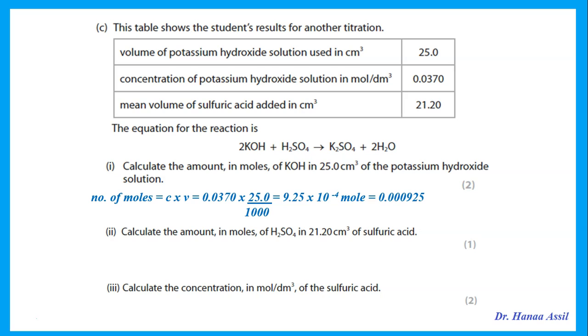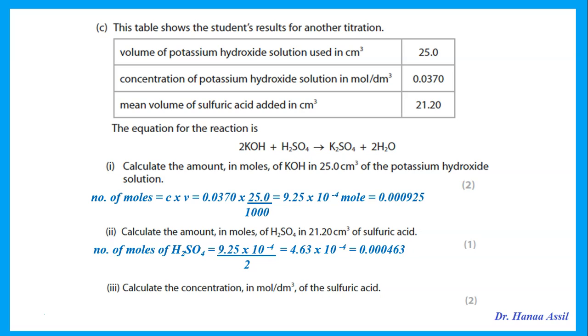I look at the equation. Can you see the equation? The equation says 2 of KOH react with 1 of sulfuric acid. So that means if I have the number of moles of KOH, I need to divide by 2 to get the number of moles of sulfuric acid. Now we have number of moles and we have volume.